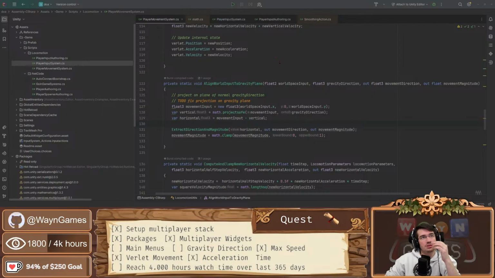Choose a vector not parallel to G to start the basis of the calculation. So I need to align this to both the camera and the gravity.